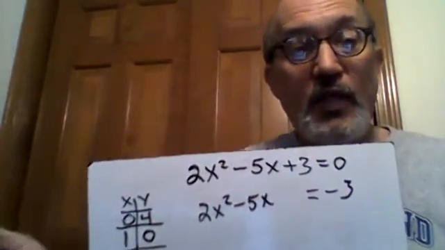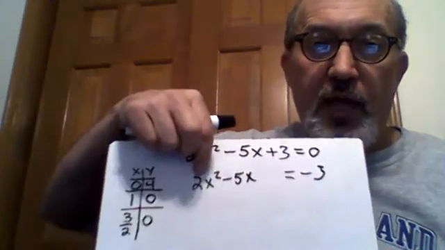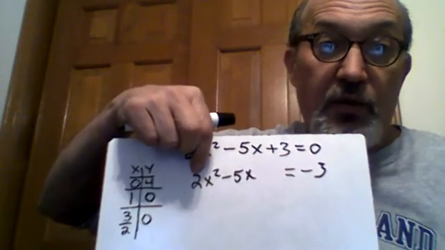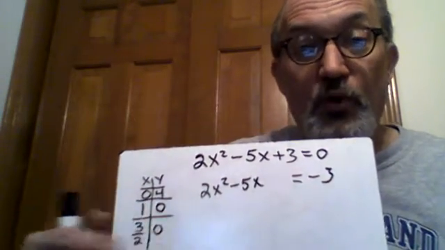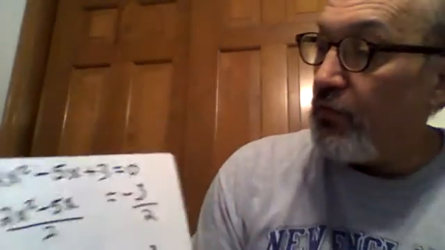So doing the same thing to both sides. And the second preliminary step here is when you're completing the square, you don't want the coefficient of the x squared to be anything other than 1. So what we need to do now is divide through on both sides by 2. The right side, of course, will be -3/2, dividing the -3 by 2.